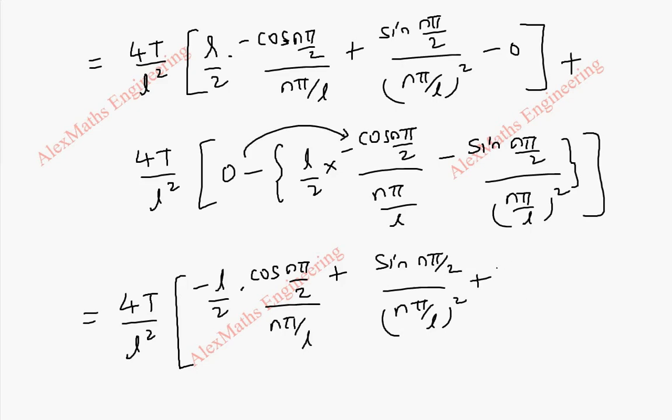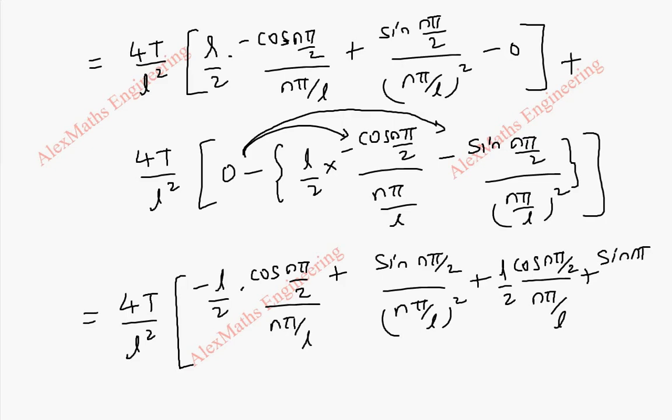So plus L by 2 cos n pi by 2 by n pi by L. Then again this comes here plus sine n pi by 2 by n pi by L whole square. Now we see that two terms are same but opposite sign. So L by 2 into cos n pi by 2 by n pi by L, one is plus, other is minus, so we can cancel.